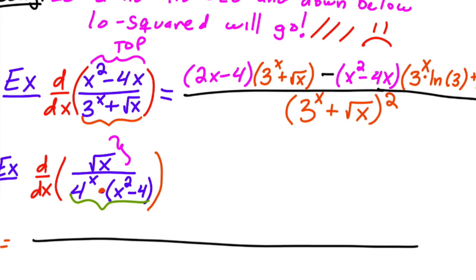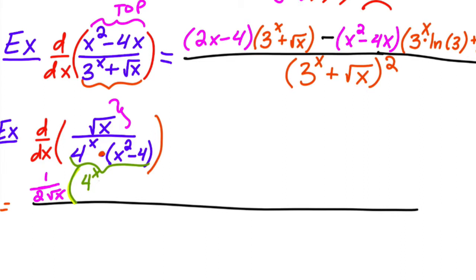So I'm going to have the derivative of the top, which is 1 over 2 square root of x, times the bottom, leaving it alone, 4 to the x times x squared minus 4. So the derivative of the top times the bottom, leaving it alone, minus the top times the derivative of the bottom.